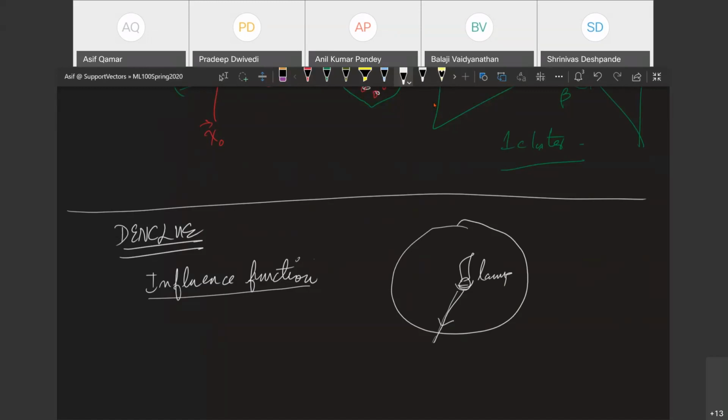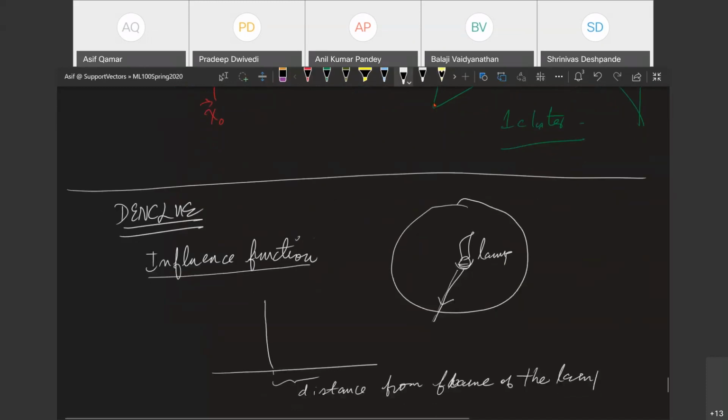If you look at the intensity of light based on distance from the flame of the lamp, it will decay. It could go like this, or like this, whatever it is, but it will decrease with distance.